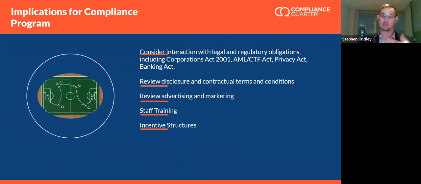The incentive structures encouraged the agents and employees of the banks and financial advisors to sell as many products as possible instead of thinking about whether that's particularly suited to the customer. So in light of these new codes, all businesses which are involved in banking or lending need to start thinking about their incentive structures, whether they are identifying the way in which all staff and contractors need to comply with these obligations, and what happens if employees or contractors aren't complying with those obligations.